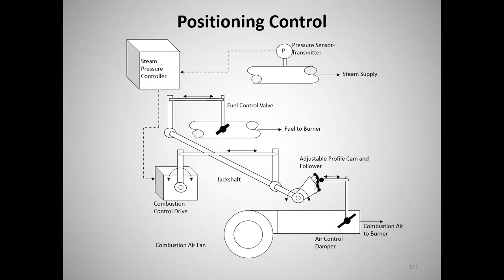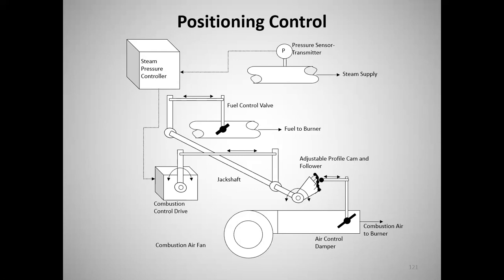And you see we've got a jack shaft and a rod that also positions the air control damper. We're showing a jack shaft, a cam, which is adjustable at different firing rates so that you can do the best you can to get it tuned up. And then the combustion air goes off to the burner. So that's what we mean by positioning control.